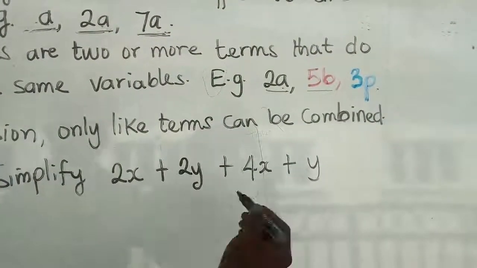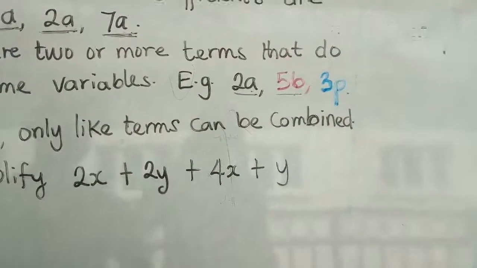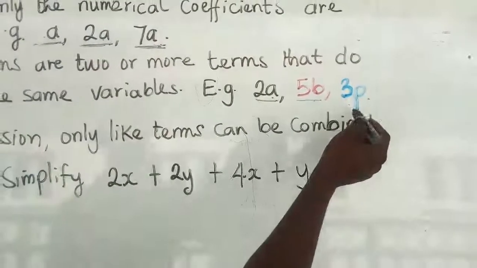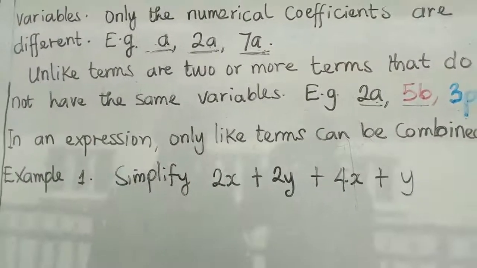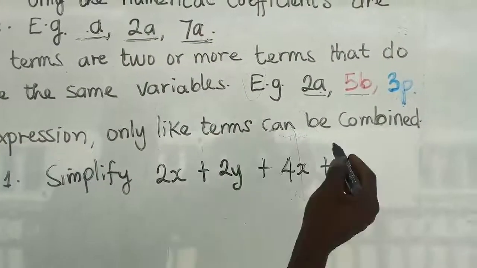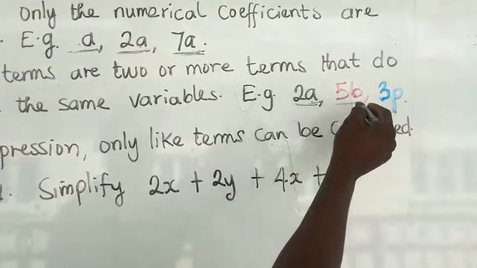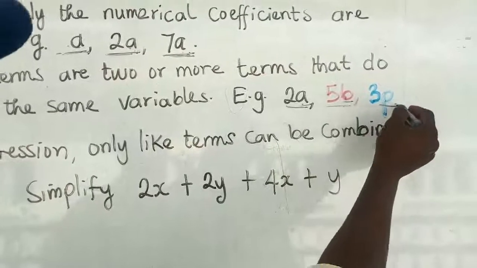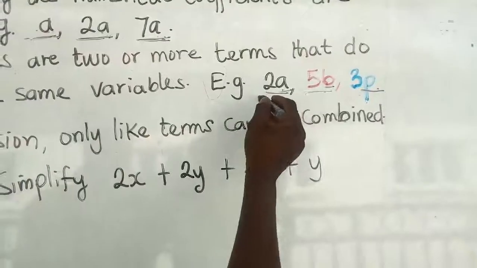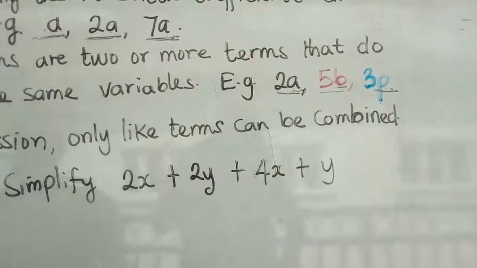The variable here is b. This is another term, 3p. The variable here is p. The variables are not the same. This is an apple, banana, and pineapple. They are not the same. Therefore, we call these terms unlike terms.